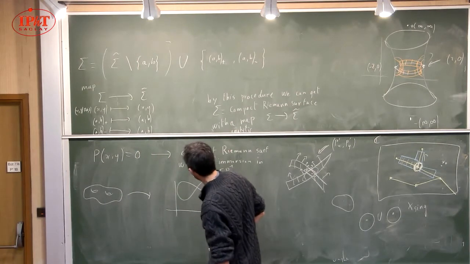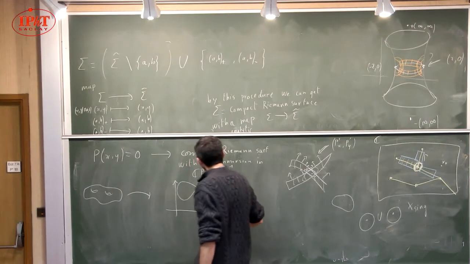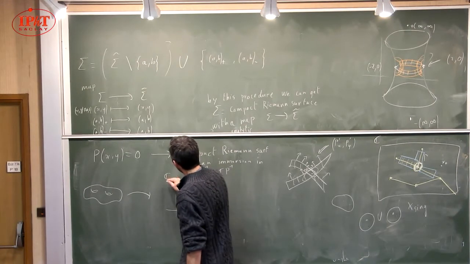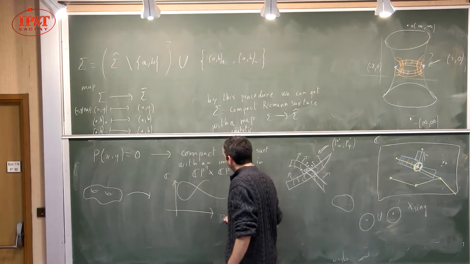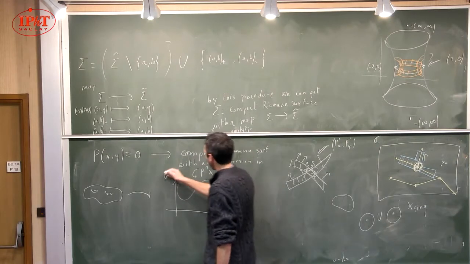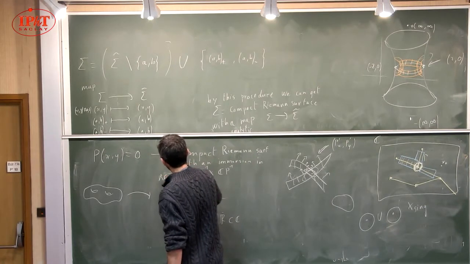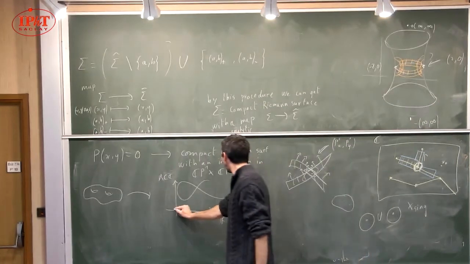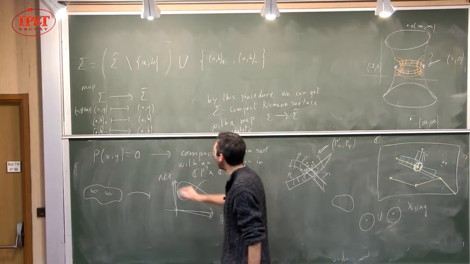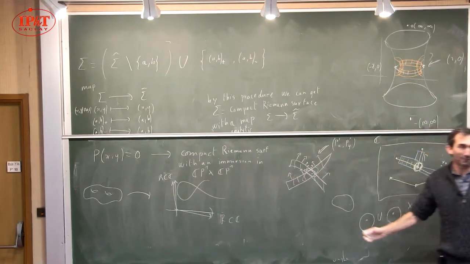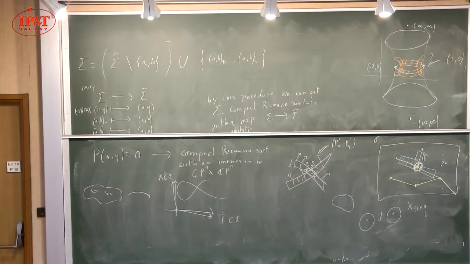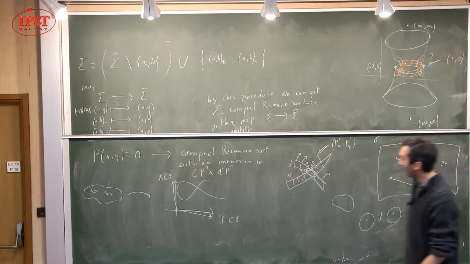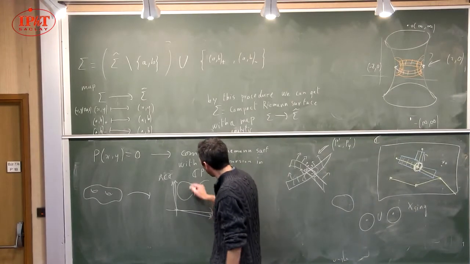So instead of plotting C cross C, well, let me plot R cross R. If you would really like to plot it in C cross C, you would need to do the picture in 4 dimensions, but I'm not able to do it on paper. So it looks like that. So this picture, what does it mean?